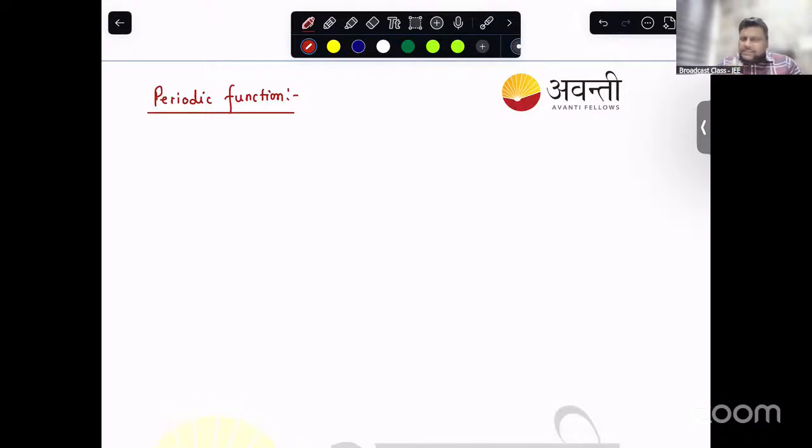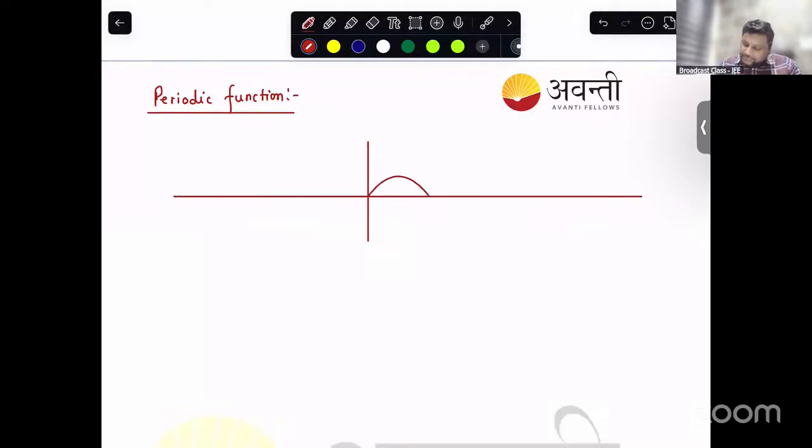Just a simple example, say there is a function whose graph is something like this.